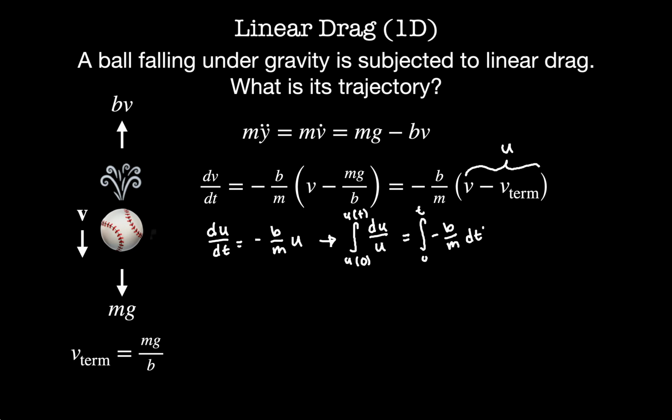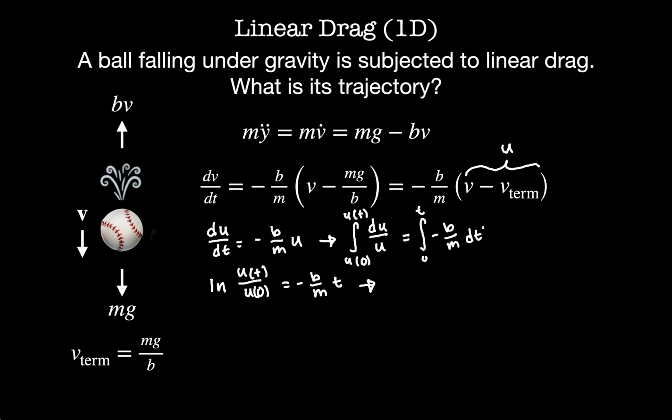So this tells me that I have the natural log of u of t over u of 0 is equal to minus b over m times t. And so I can take the exponential of this, and I'm going to plug back in my velocities again.